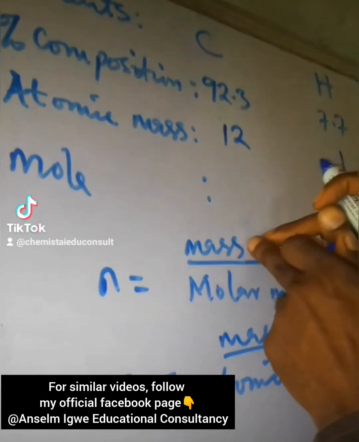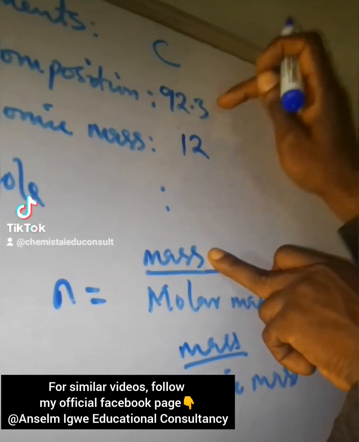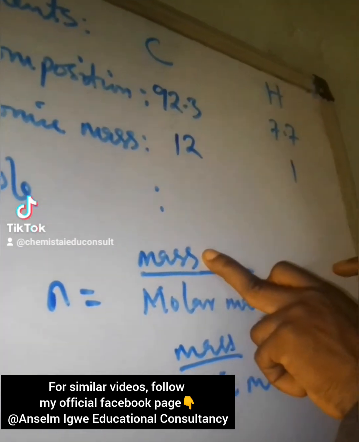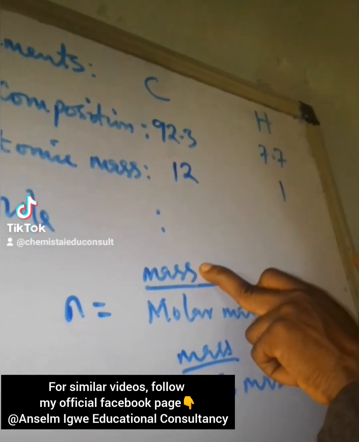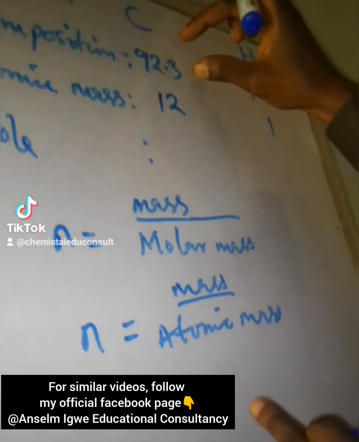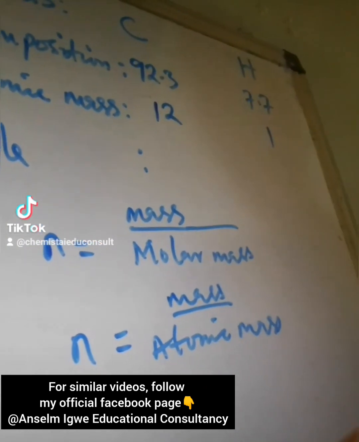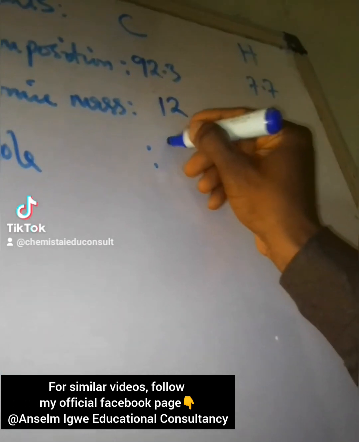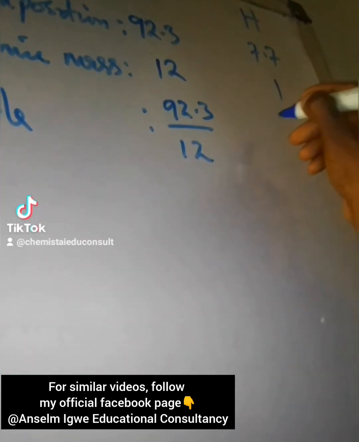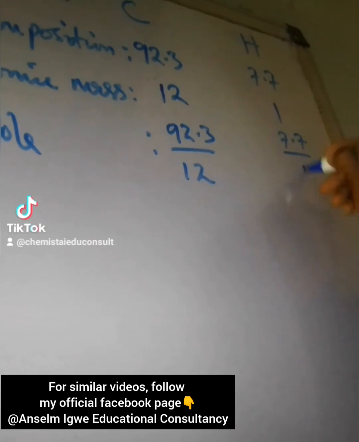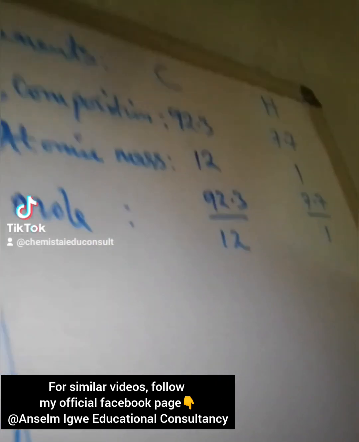Now, what is the mass? The mass is in form of percentage. 92.3% by mass of carbon is there, and 7.7% by mass of hydrogen is there. So number of mole is now percentage composition over atomic mass. So we write 92.3 over 12 and 7.7 over 1. That is number of mole.